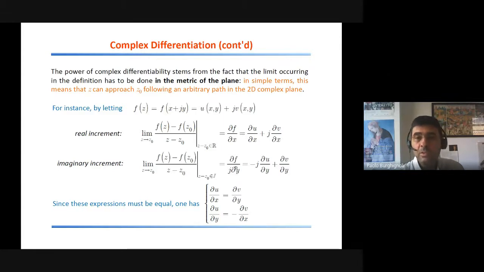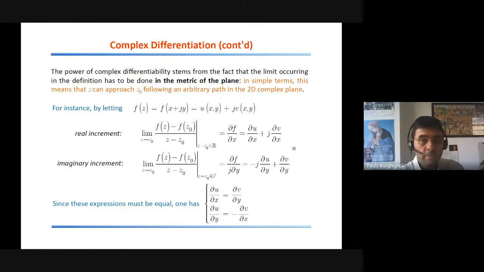So in this case, you get 1 over j, where j is our letter for the imaginary unit, times the partial derivative of the function f with respect to y, which means, equivalently, minus j times the derivative of u with respect to y, plus the derivative of v with respect to y. This is an alternative expression for the same thing. So you can equate those two expressions and they must be equal.